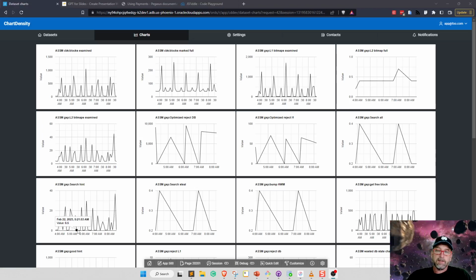The idea is to keep the application as simple as possible and to not stray away from a small number of basic charts.